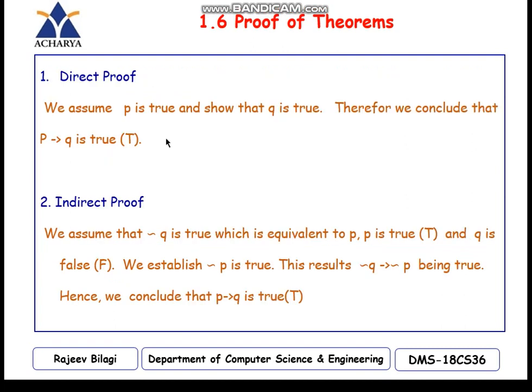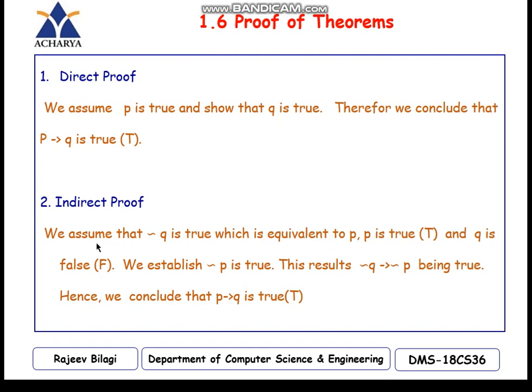First method, direct method, where we'll assume that P is true, then we will show that Q is also true. Then we'll conclude that P then Q is true. So it is the direct method. The second one is the indirect method or indirect proof.